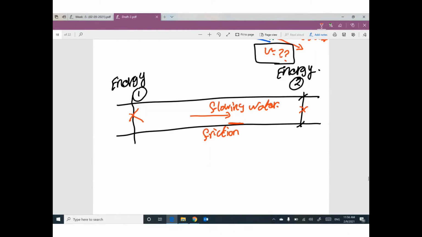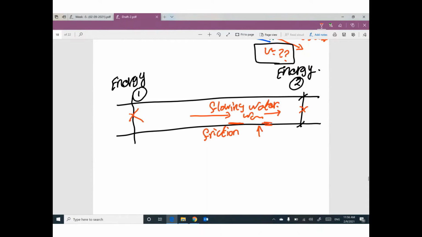But the main reason is friction, because we have two materials, water and another material for the pipe, probably steel, concrete, or plastic. One of them is moving, the water is moving, so we have friction in between.